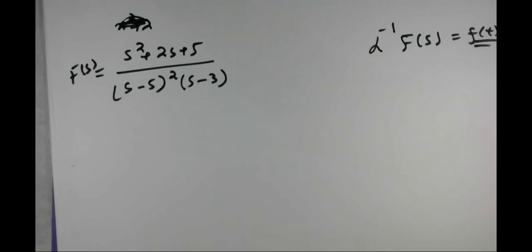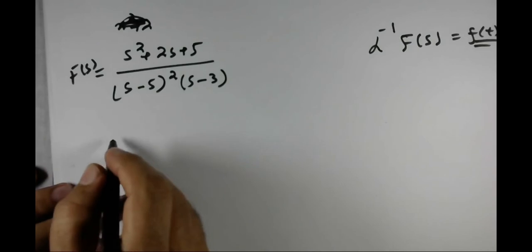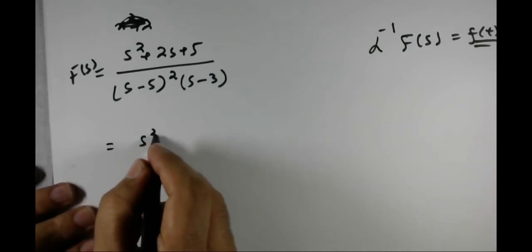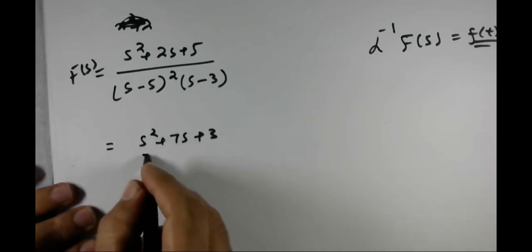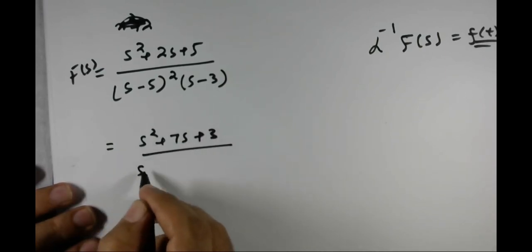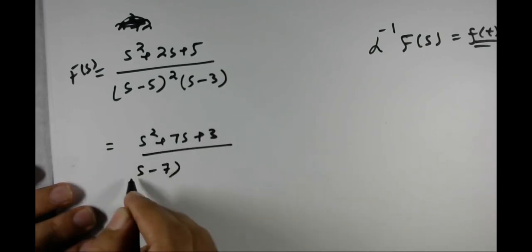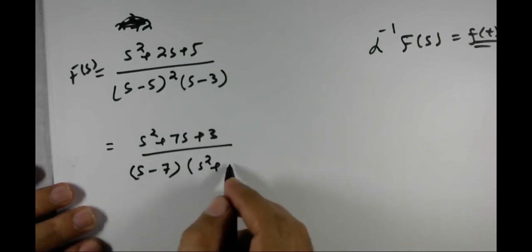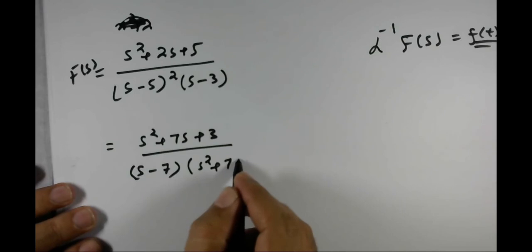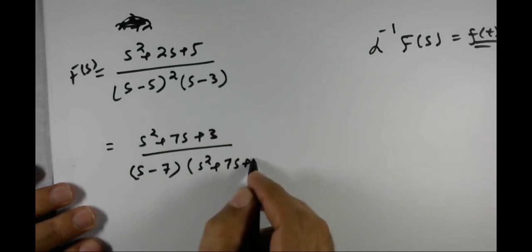The other one, sometimes you might get a function like this: say (s squared plus 7s plus 3) divided by (s minus 7) into (s squared plus 7s plus 3).